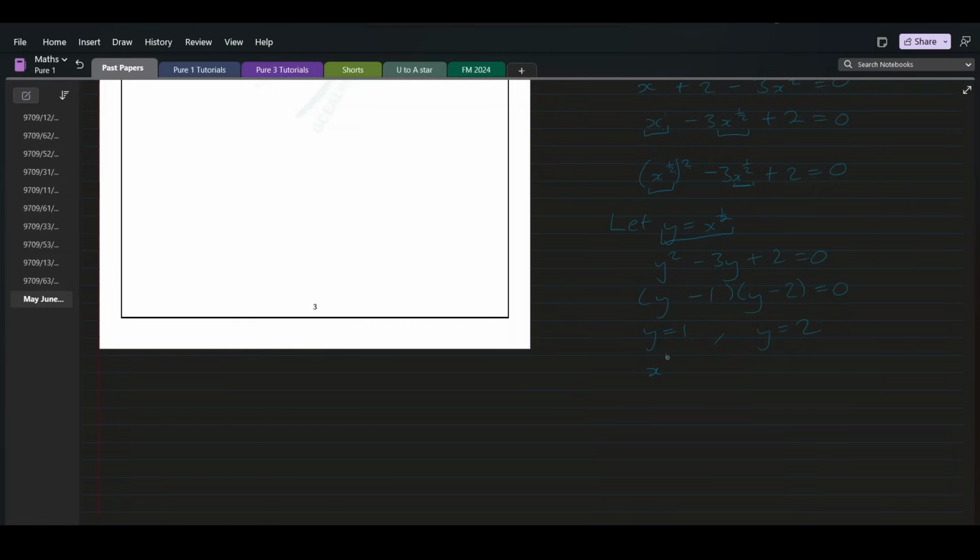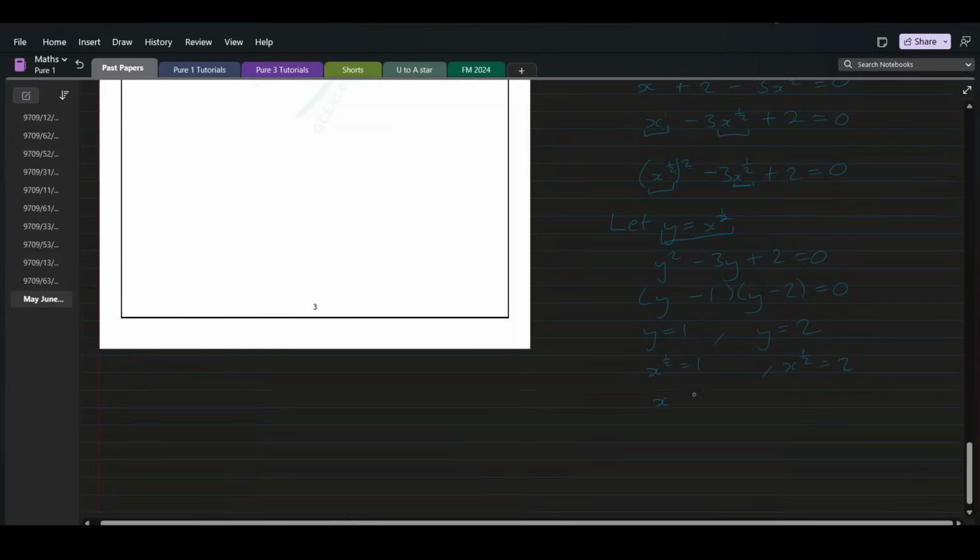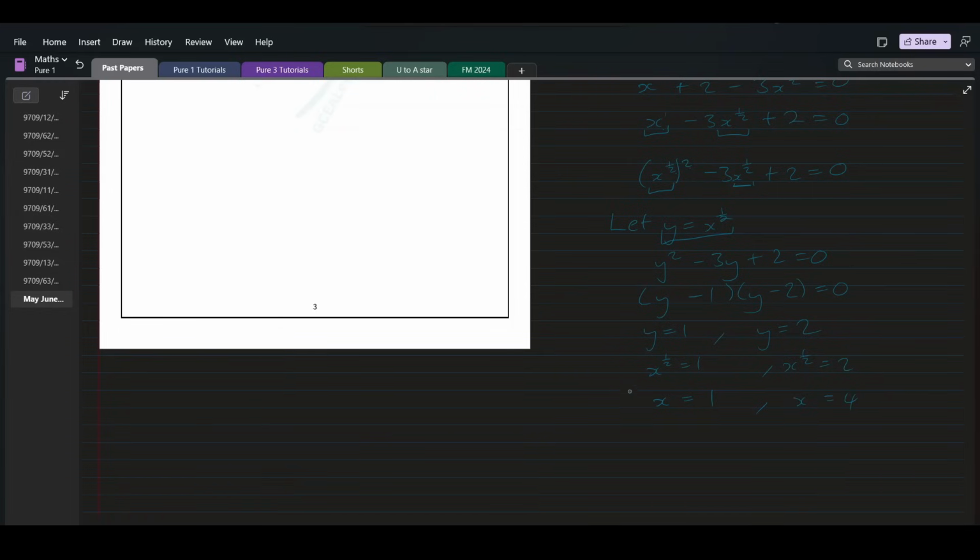So this means that x to the half is 1 and x to the half is 2. To get x, we're going to simply square both sides. So x is equal to 1 squared, which is 1, and x is equal to 2 squared, which is 4. That means that our x coordinates are 1 and 4.